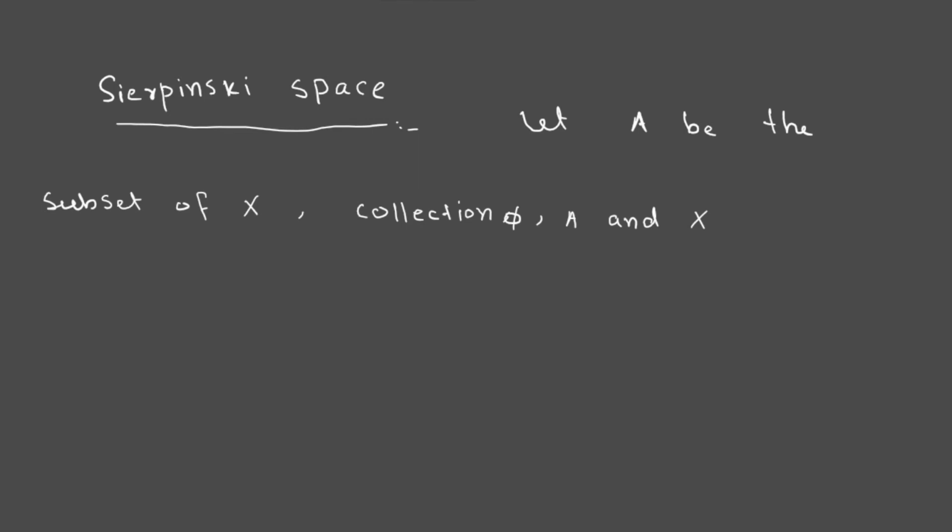When we take this collection, it must be a topology. We can write it as tau A. Tau A is equal to phi, A, and X. Remember that we are talking about a non-empty subset, and that subset is A. So this is a non-empty subset.